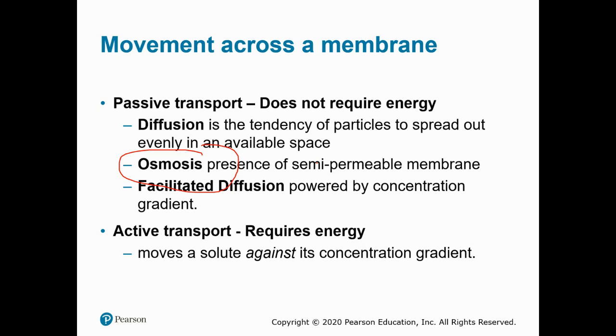And that plasma membrane is permeable to things like CO2 and water, but not to charged things or big things or other things. So that's what we're talking about here. So that's what that semi-permeable membrane actually is.